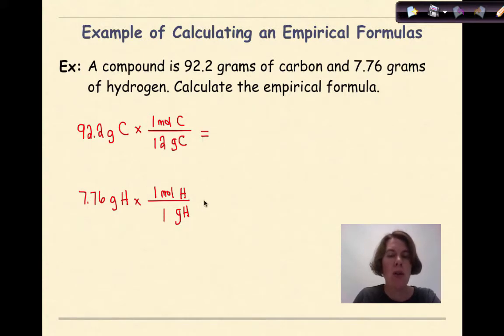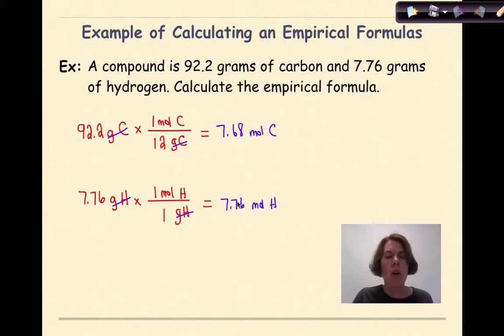So now what I want to do is convert each of these into moles. Grams of carbon cancels grams of carbon. 92.2 times 1 divided by 12 will give me 7.68 moles of carbon. And when I convert grams of hydrogen, which cancels grams of hydrogen, into moles, it'll give me 7.76 moles of hydrogen.